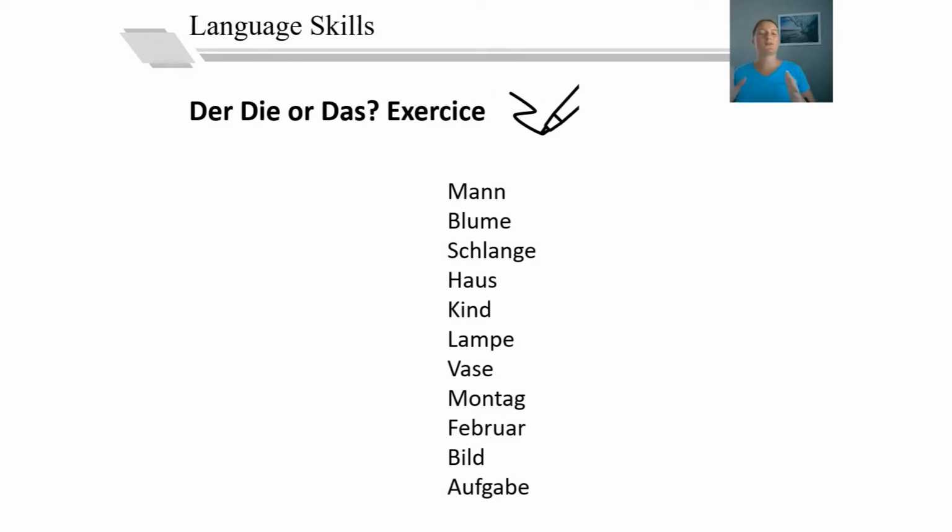We talked enough about the rules. Now let's get to practice. Let's do some exercises about nouns and the definite article der, die or das. Which article you have to use for the given nouns you can see here. Now you can hit the pause button if you need some more time, because I will show you the right answers right away.